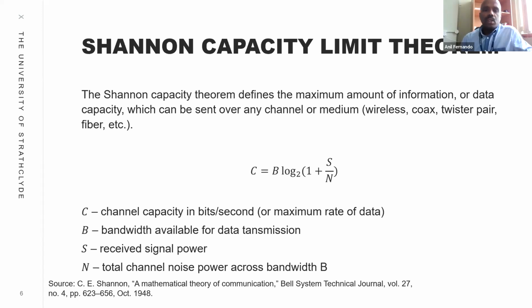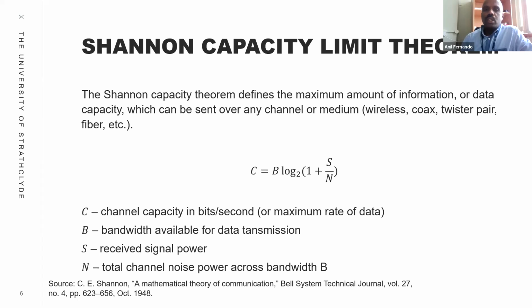The capacity is defined by C = B log2(1 + S/N), where C is the channel capacity, B is the bandwidth available for data transmission, and S/N is the signal-to-noise ratio. S is the signal power, and N is the total noise across the bandwidth.